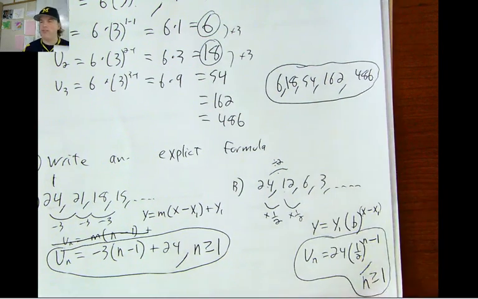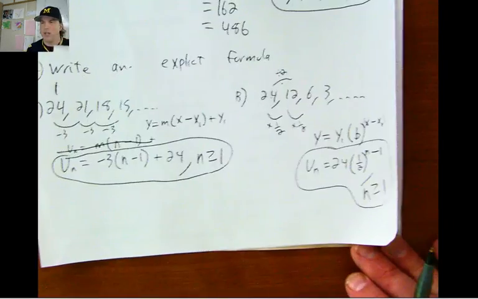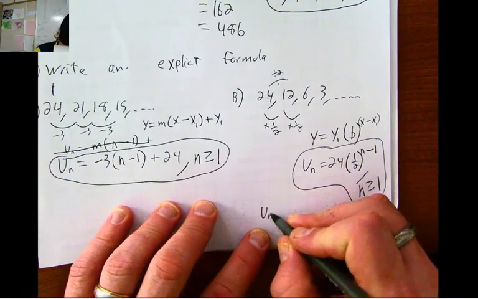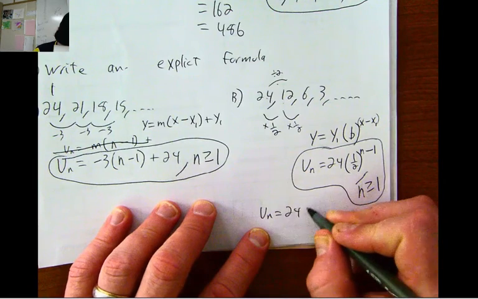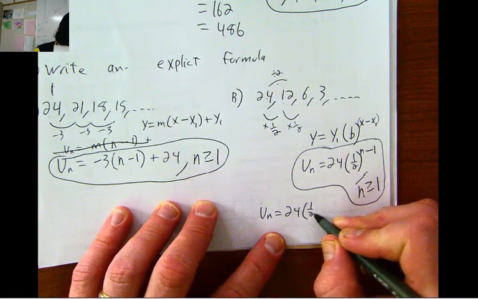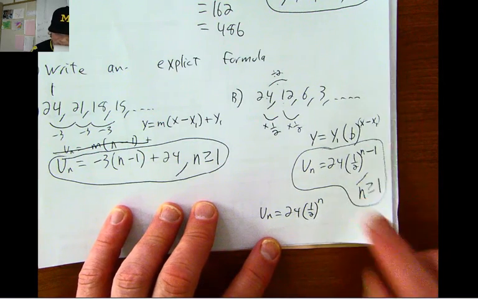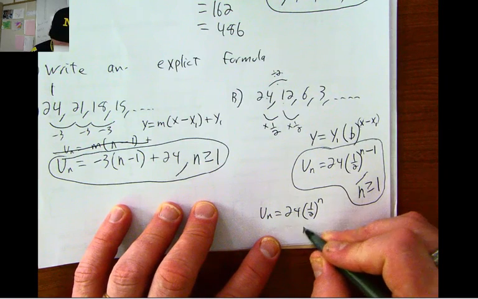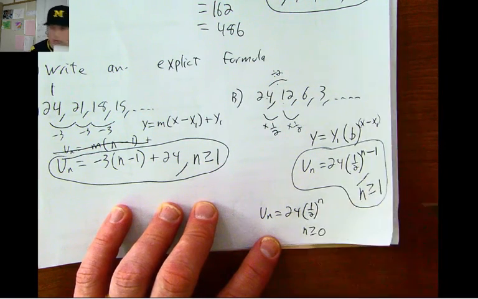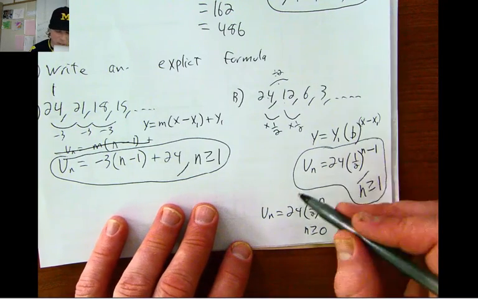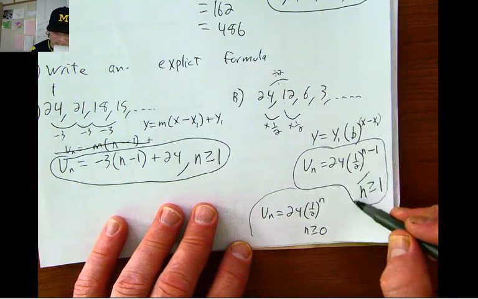Once again, you could view this equation like this, or you could also view it as un equals 24 times 1/2 to the n, but instead of plugging in 1 first, you'd plug in 0 first, so n greater than or equal to 0. Either answer is 100% acceptable.